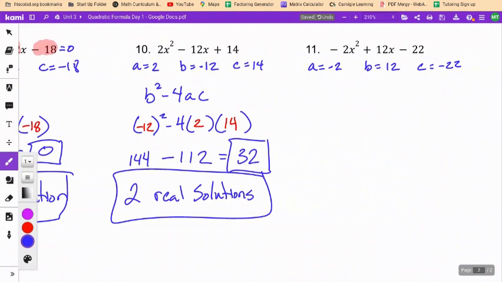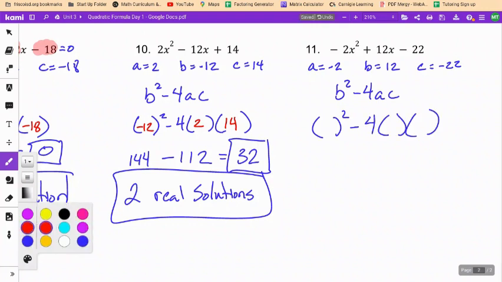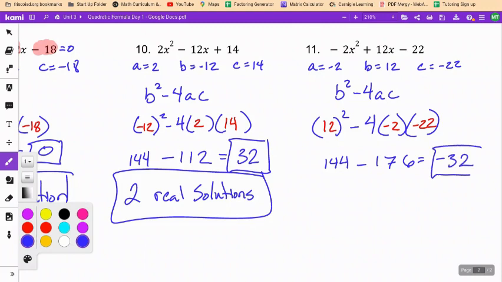And then again, just to practice, b squared minus 4ac is my discriminant. I'm going to substitute using parentheses again. I have 12 as my b, negative 2 as my a value, and negative 22 as my c value. Again, I've already done this, so this is 144 minus 176, which gives me a grand total of negative 32.